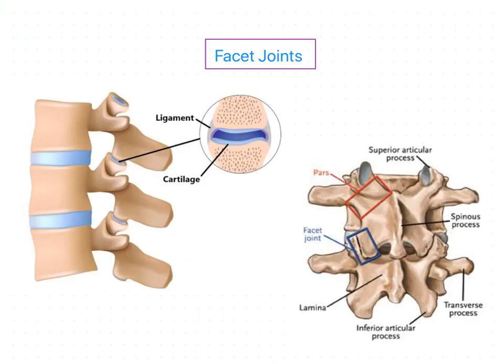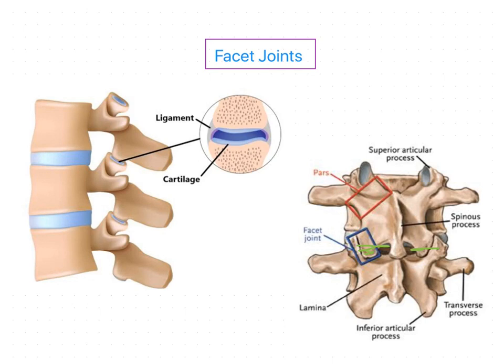So these are the zygapophyseal joints, which are also called facet joints, and also epiphyseal joints. These joints are formed between the facets. That means a facet joint is formed by the articulation between paired bony projections, called articular processes.